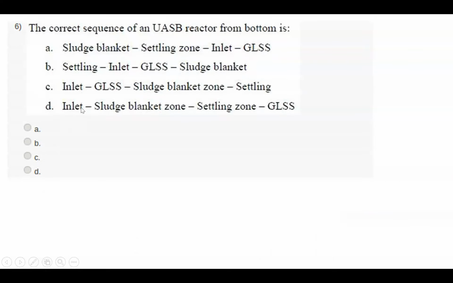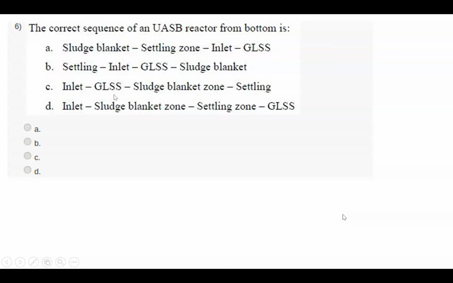Because first one is the inlet. What you have told is settling, but this settling is not at the bottom, because in UASB also it's upflow. That only we have discussed.